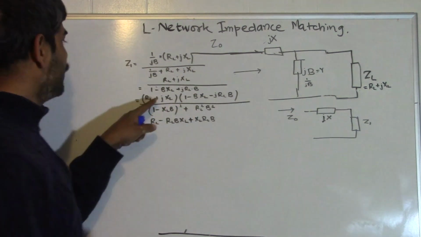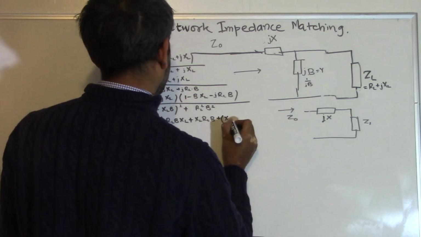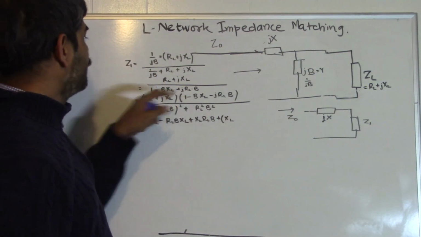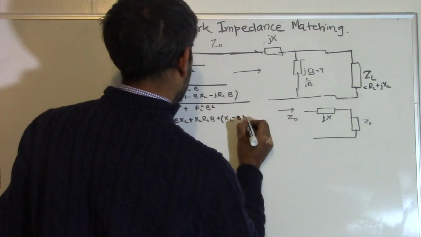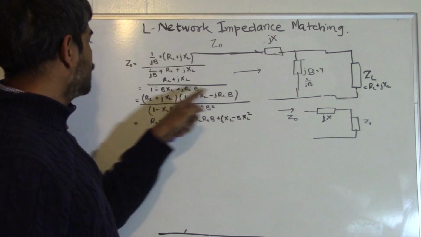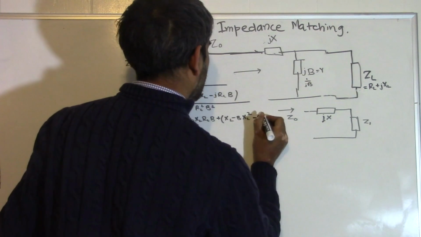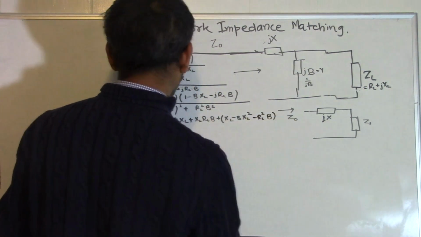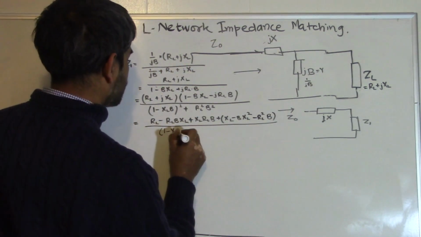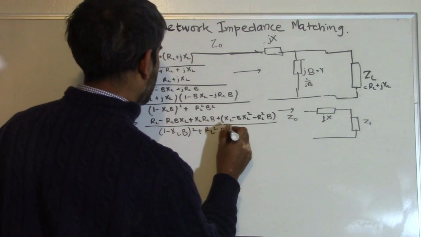Then the imaginary term will be plus jXL times XL minus BXL square, and then another imaginary term comes from multiplying these terms, which is minus RL square B, and the whole thing is divided by 1 minus XL B whole square plus RL square B square.